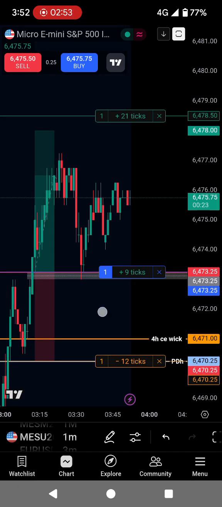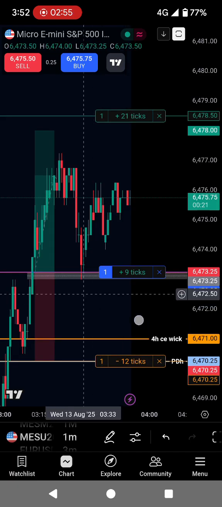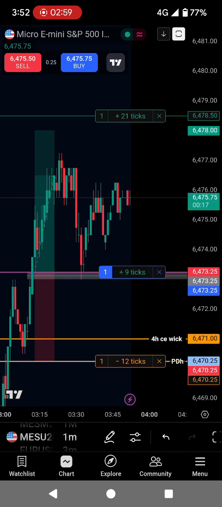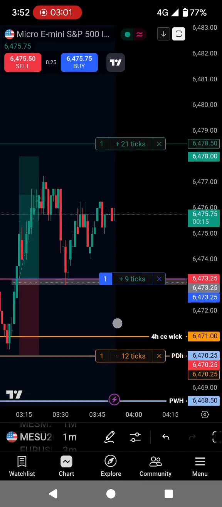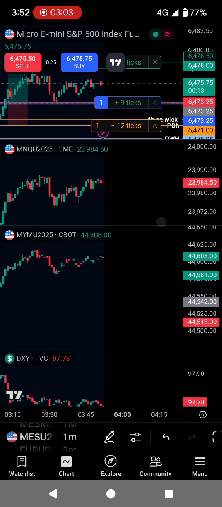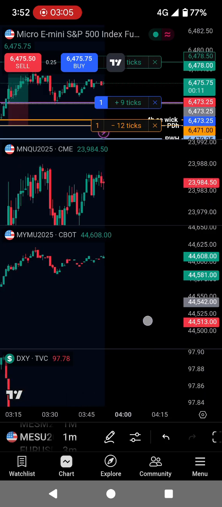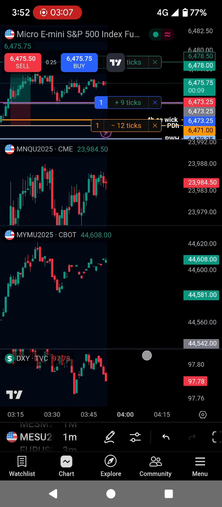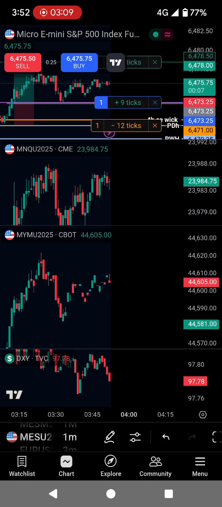Yeah, to be honest, if I were to trail my stop loss right now, my stop loss would be trailed right here. That means the risk is very small, but I'm just going to submit to it and just let it be, okay? Because the dollar is still spooling lower.